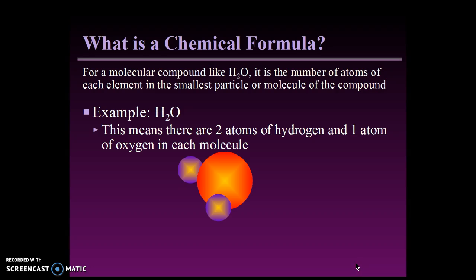For example, in water, H2O, for each molecule, and that's that big unit that I'm circling, there are 2 atoms of hydrogen, 1, 2, and 1 atom of oxygen. And this water molecule acts as a unit. You would have a number of other water molecules on the left, right, and above and below.